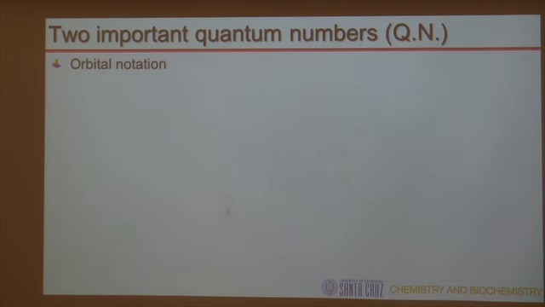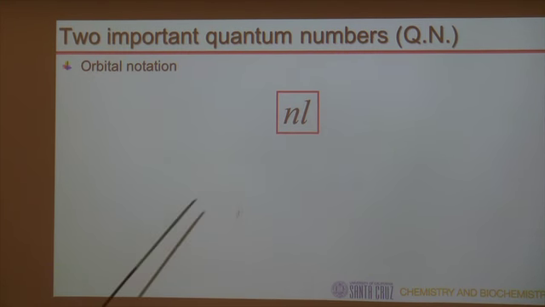Based on the two important quantum numbers, n and L, we can introduce another thing called the orbital notation, which is just nL. Something like 1s orbital, 3s orbital, 2p orbital, which you use in your dream lab. Those are called the orbital notation. It's just nL.